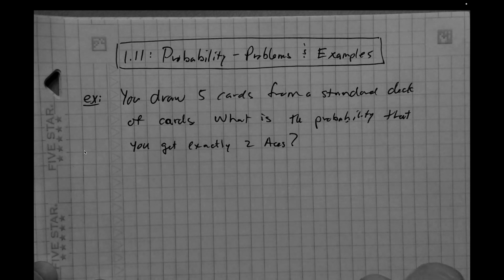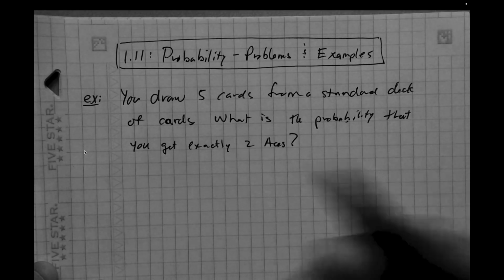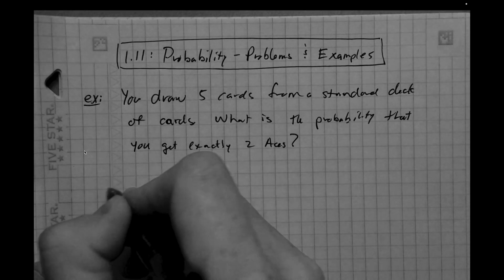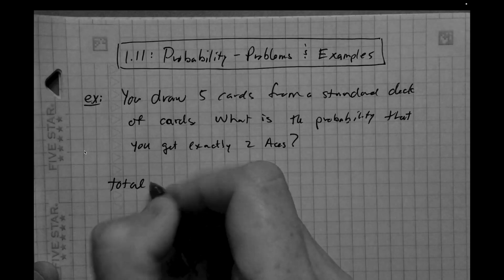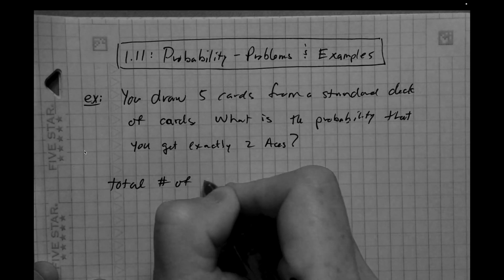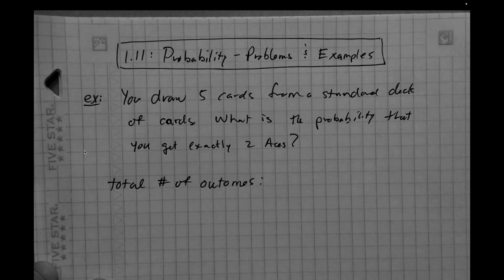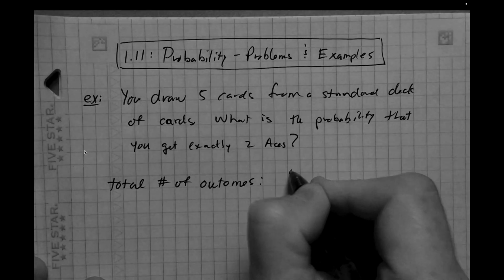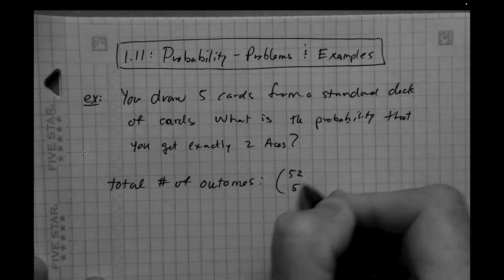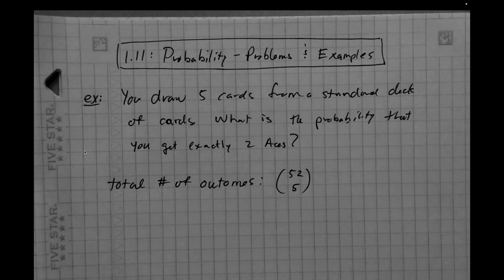We can start by thinking about the total number of possible outcomes. If I draw 5 cards from a deck, how many different ways are there to do that? It's really just 52 choose 5, isn't it? I'm choosing 5 cards from 52.